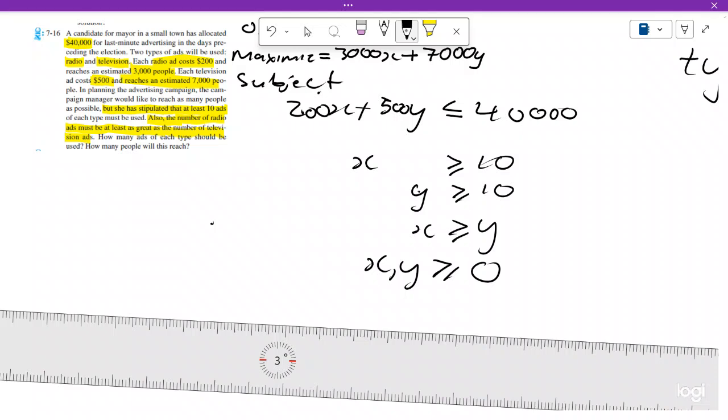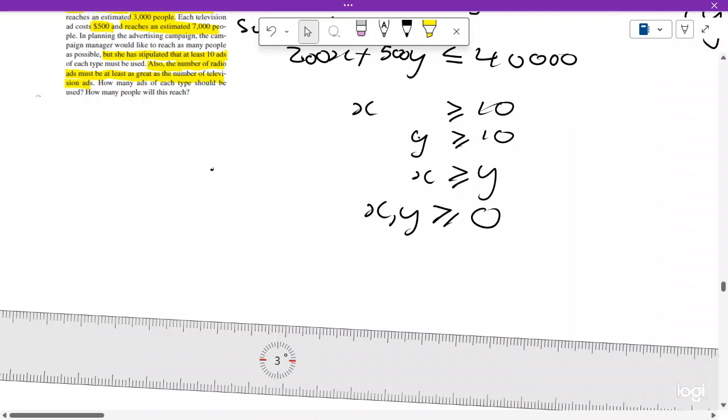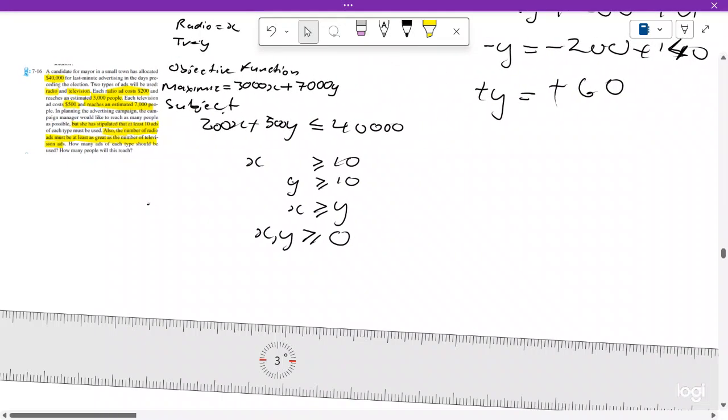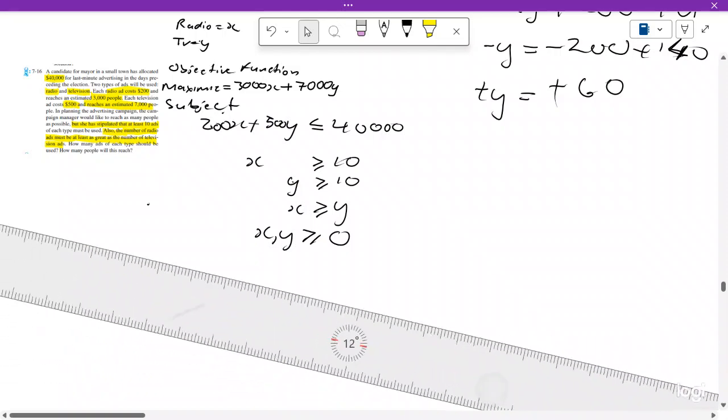So now we need to draw our graph. I'll just draw it here on the side.